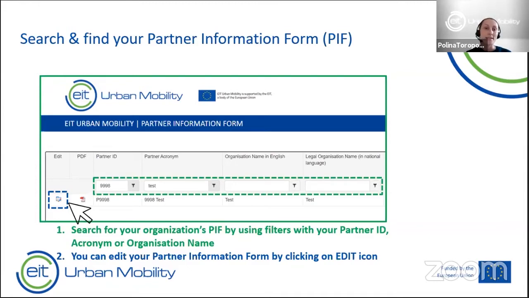This is normally the same name that you mentioned during your registration. If you're the first user of your organization, you have been assigned as SPOC, and you should be able to see a special icon that allows you to edit the partner information form for your organization. Next slide.